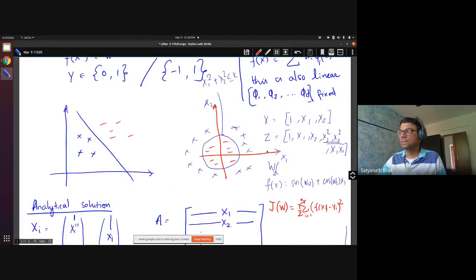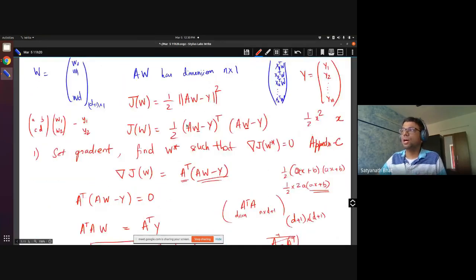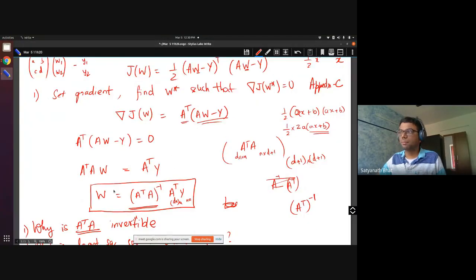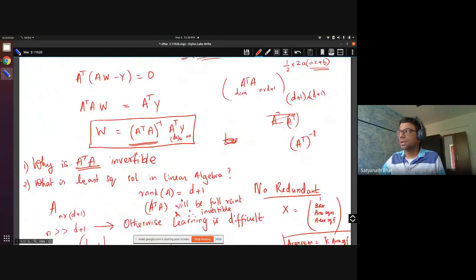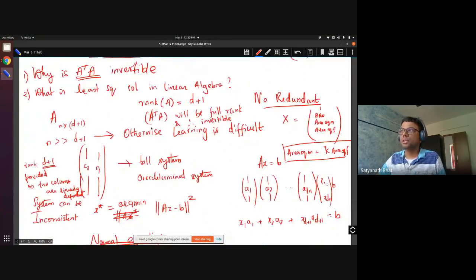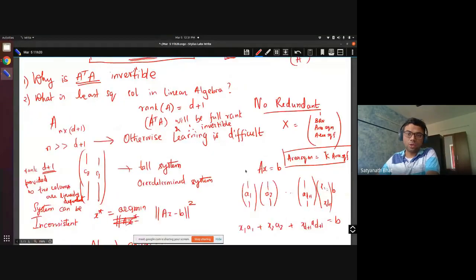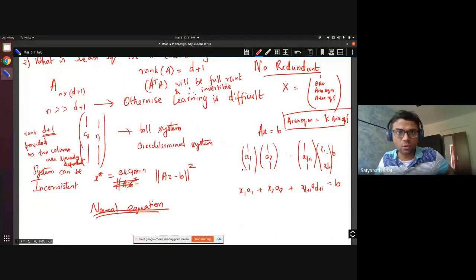Then we saw how, using the first approach of setting the gradient to 0, you get the best W. And we also saw that this A transpose A will be invertible, provided there are no redundant features. So this is what we did today.